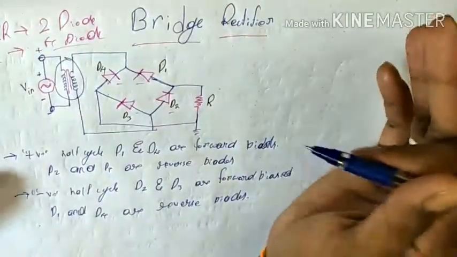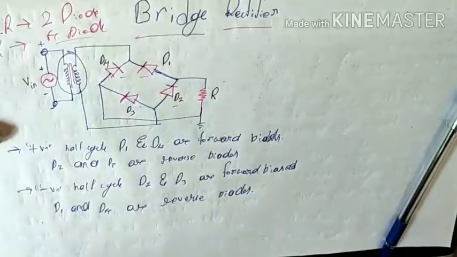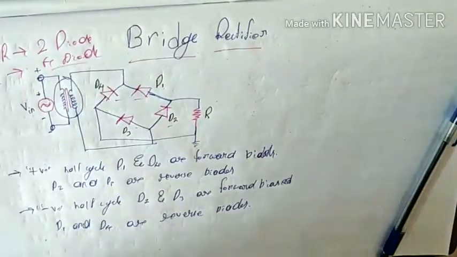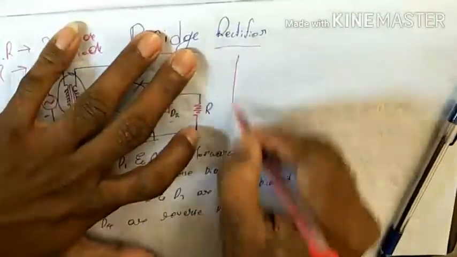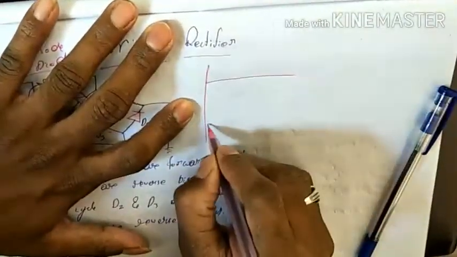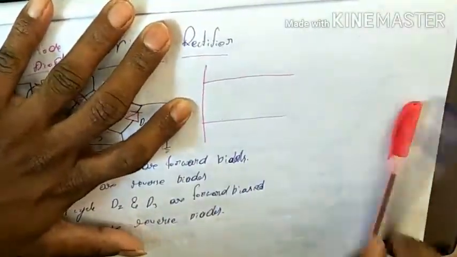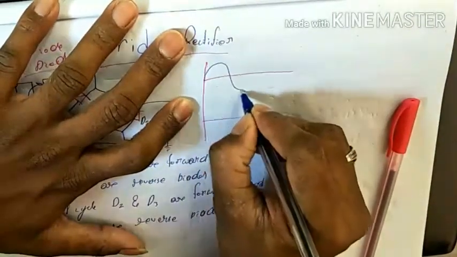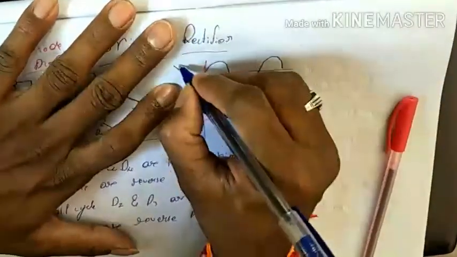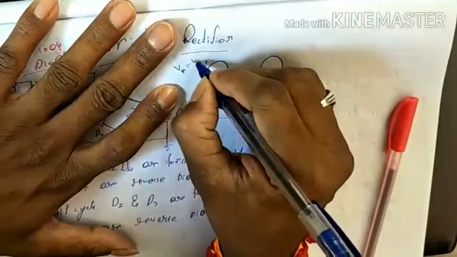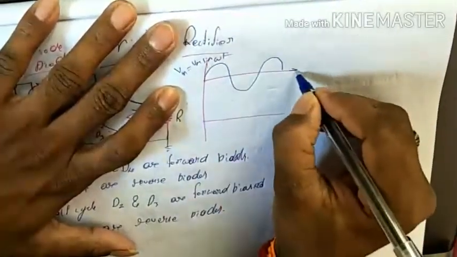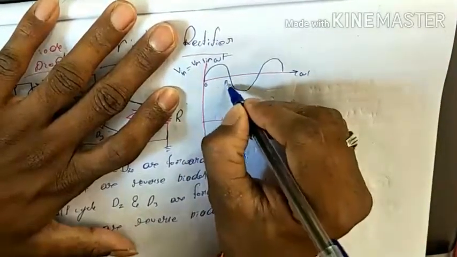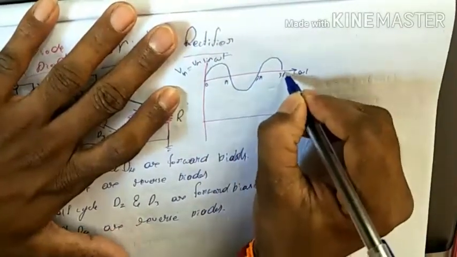Now you will see the output voltage of the bridge rectifier. It also looks the same as the full wave rectifier. Now we take the input waveform. This is Vin equals Vm sin omega t, with omega t at 0, pi, 2 pi and 3 pi.